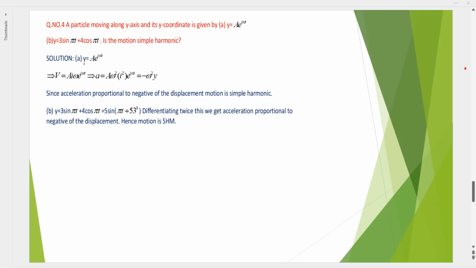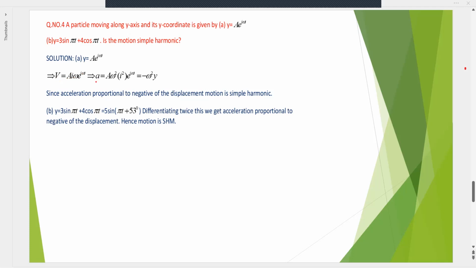The first one, y equals a e to the power i omega t. Now differentiate that with respect to time. The derivative of displacement with respect to time gives velocity. So v equals a i omega e to the power i omega t.